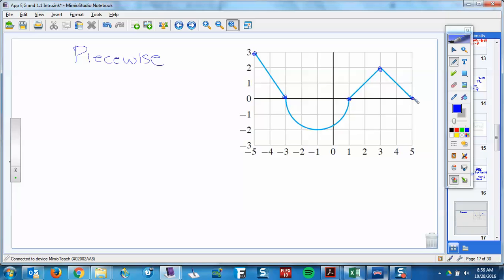And all we have to do is write the equation of each of those pieces. Okay? So let's just call this f of x, equals, and then we have a big curly bracket, and then we're going to have the 4 pieces. We're going to put the 4 pieces right there.